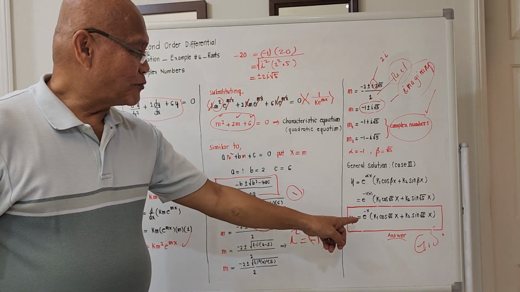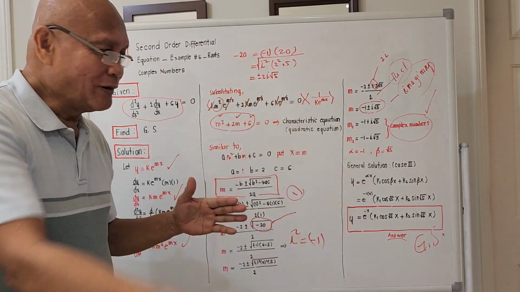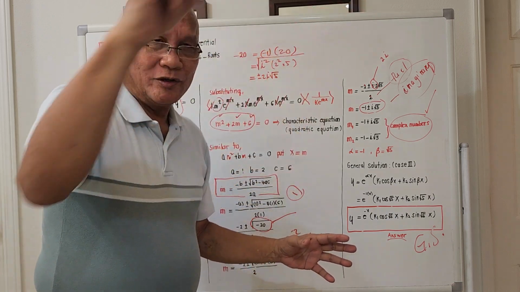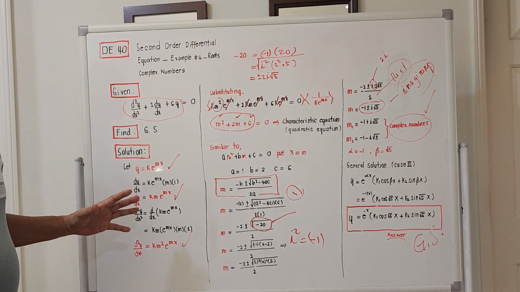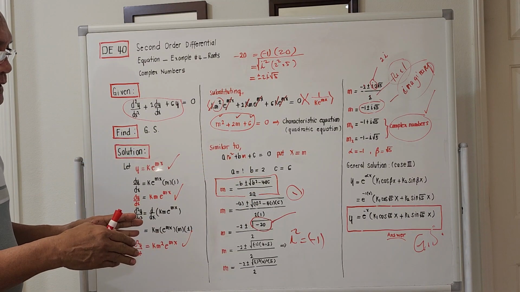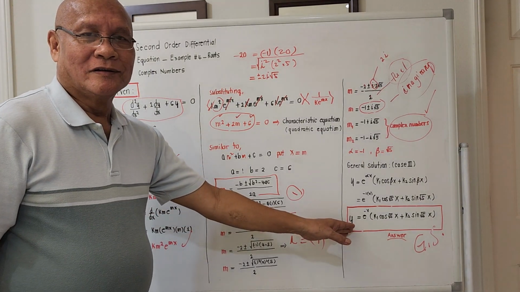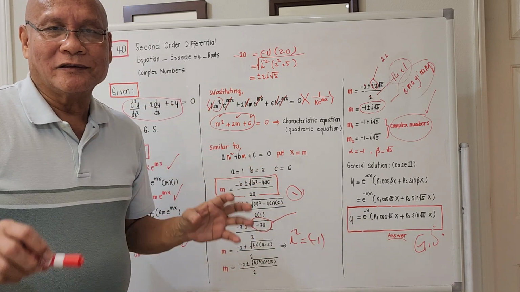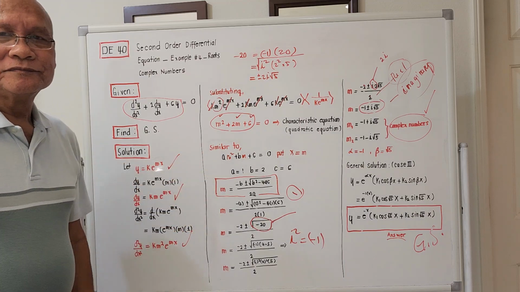So actually, this exponential thing is like a decaying value, and this cosine and sine could be a graph of a complicated curve. But we haven't gone to that example yet. I am just presenting what will be the significance of this general solution under case number 3. I think it falls under the graph of a complicated alternating current.